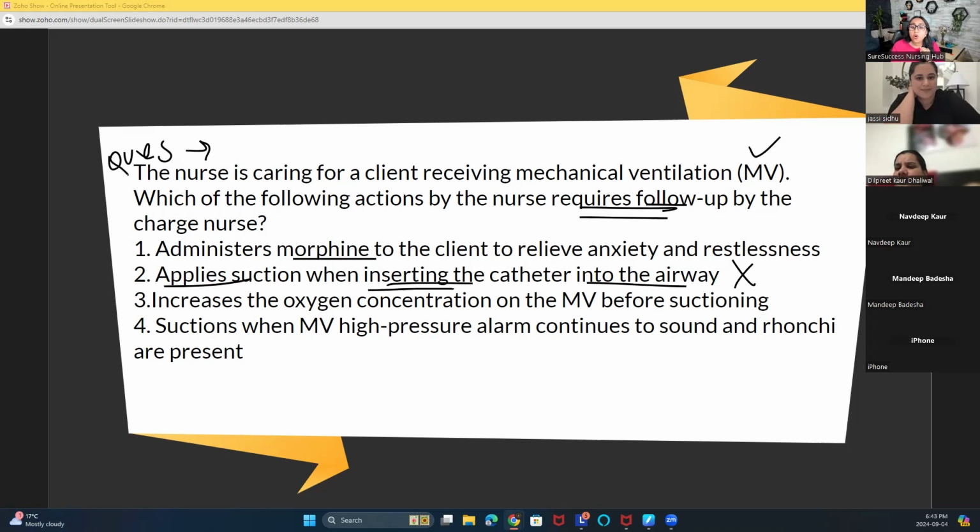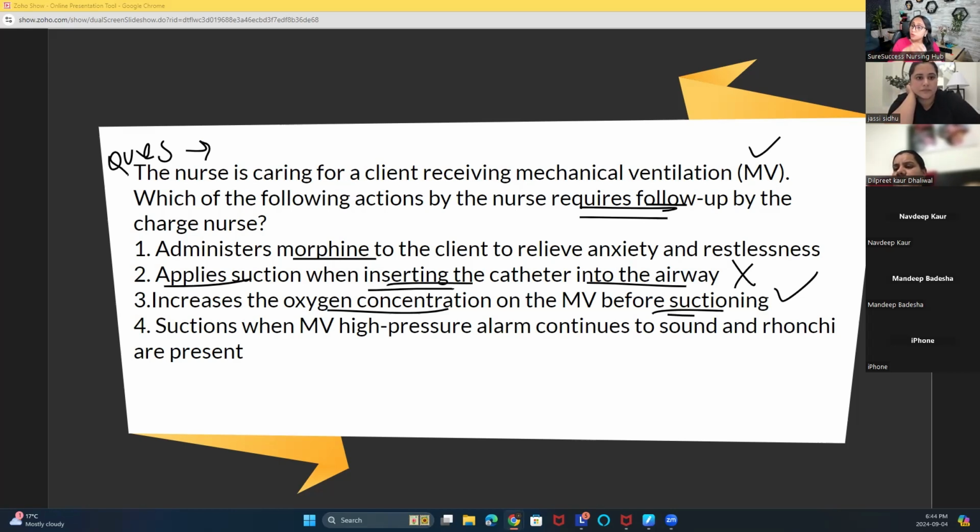Always increase the oxygen concentration on the mechanical ventilator before suctioning. Yes, very good. The reason is, when you are suctioning, what does suction do? It removes the secretions, right? Is it removing only the secretions? Actually, no, it is removing the air also. So make sure that you hyperventilate the patient.